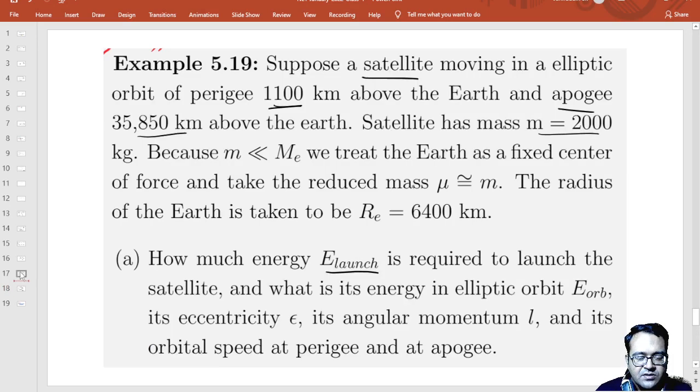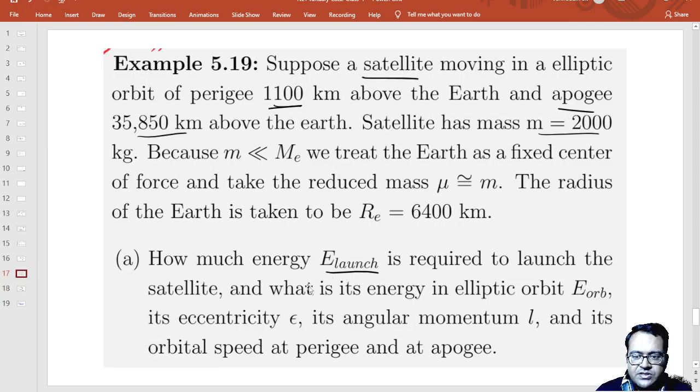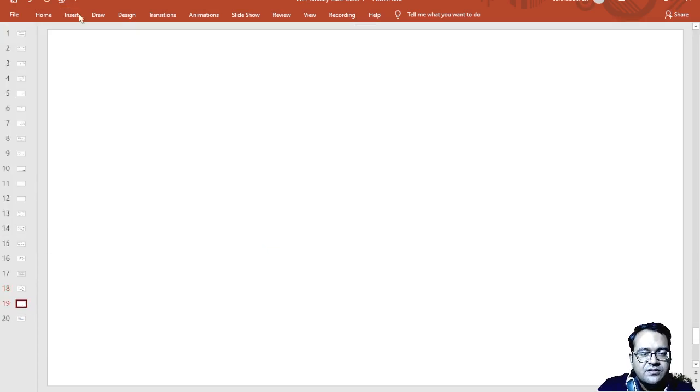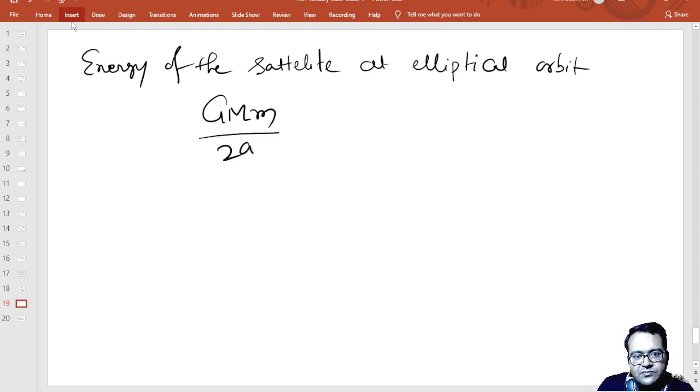What we need: GM we have, so we just needed 2a. So the energy of the satellite, how much energy is required to launch. Just by calculating 2a, what we achieved is the energy of the satellite in the elliptical orbit, GM by 2a.